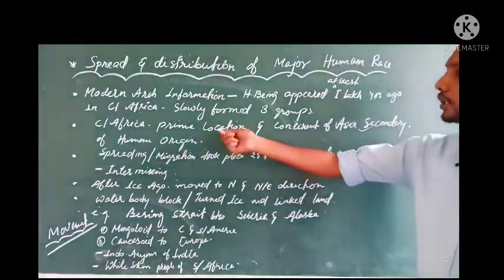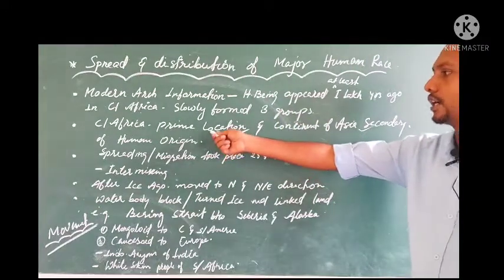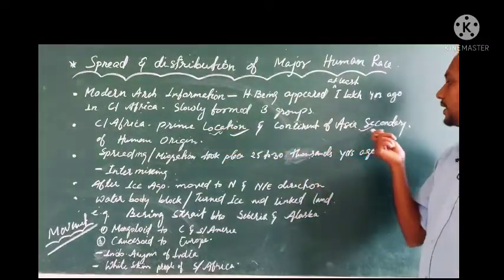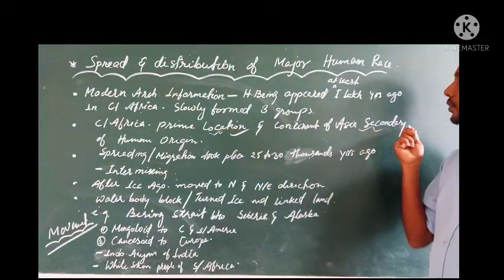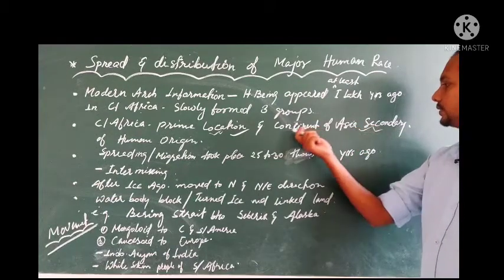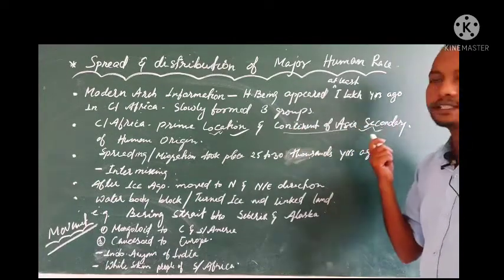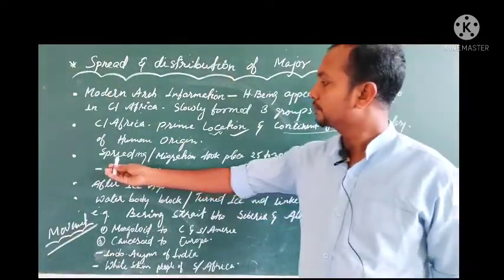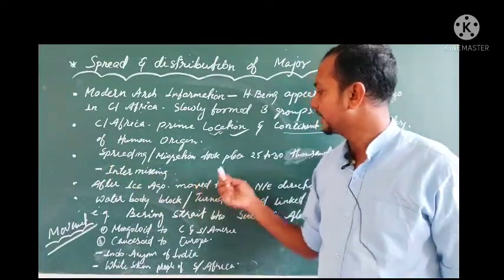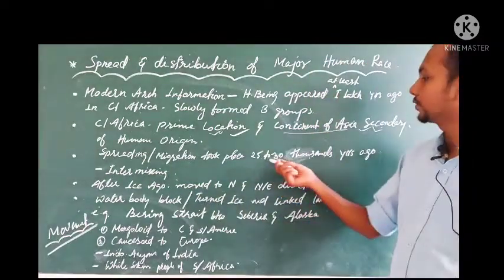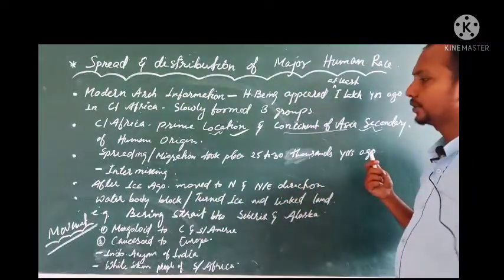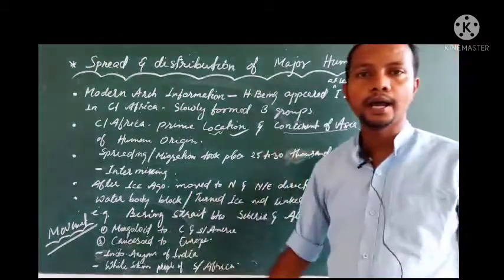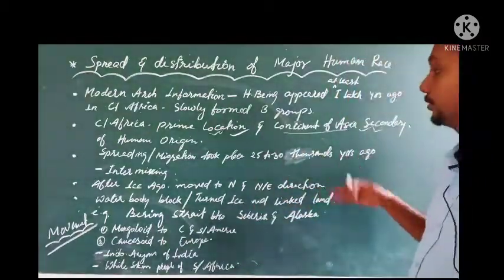Remember, dear friends, the prime location is Central Africa, and the secondary location for the human race origin is the continent of Asia. Then these people started spreading or migrating, which took nearly 25 to 30,000 years ago.